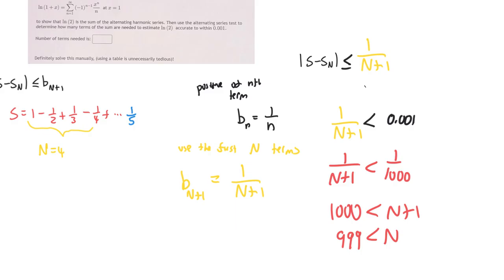We don't want to make the mistake of saying that N could be 999. N has to be greater than 999. So to be accurate within 0.001, we need 1,000 or more terms. The moment we have 1,000 terms, we can guarantee that we're accurate within 0.001.